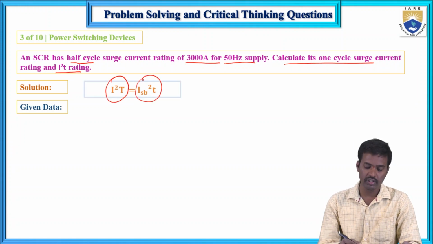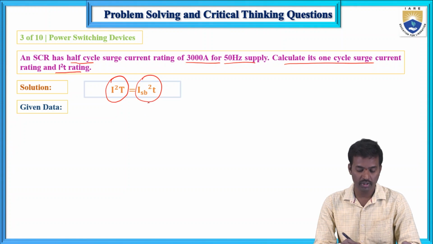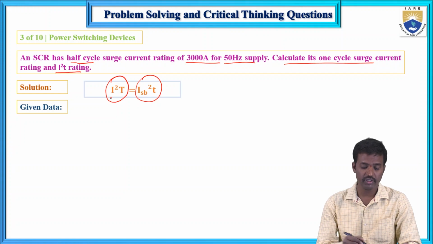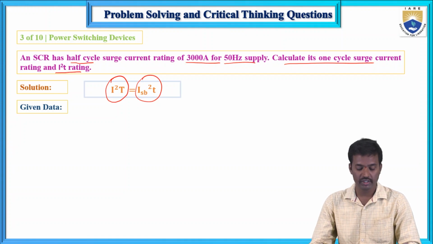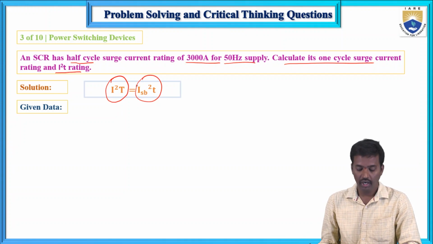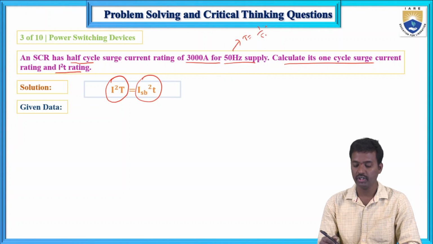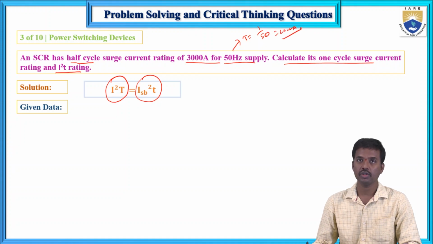We know this formula, where ISB is the sub cycle surge current rating, and this one is the half cycle surge current rating time period. Here the time period T equals 1 by 50, that equals 20 milliseconds. So now this T equals 10 milliseconds.